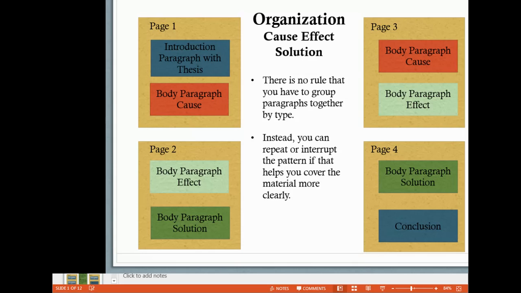It's also completely possible to start out with the solution, and then talk about the effect that you're trying to ameliorate with that solution, and then it goes back to the cause. For sure, you can do that. It's just typically easier to move through the 3 different items in this particular order. So feel free to move them around, multiply them where you want, but hopefully this will give you a basis to start from in organizing your paper.